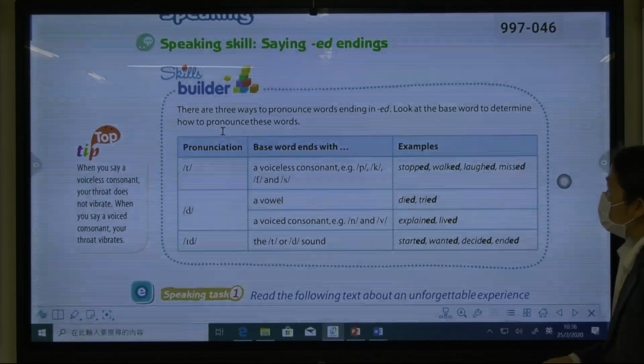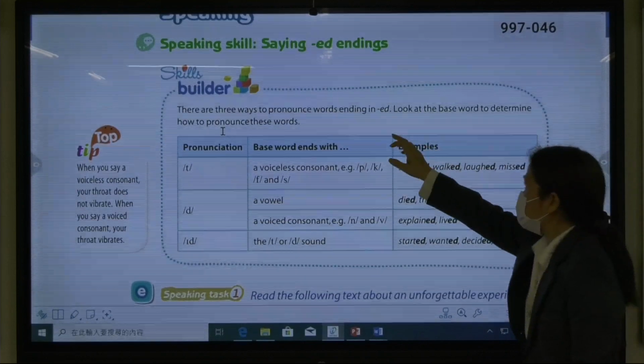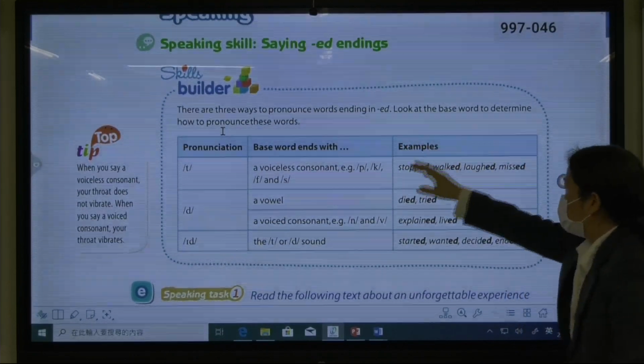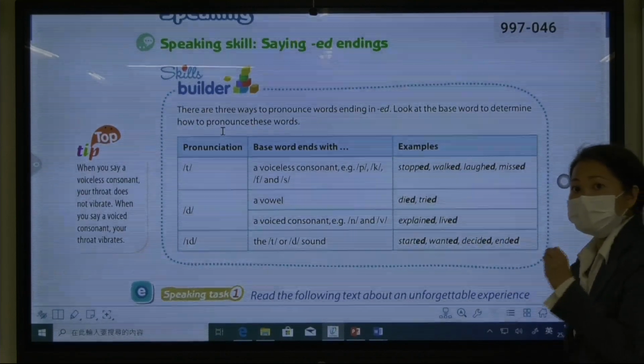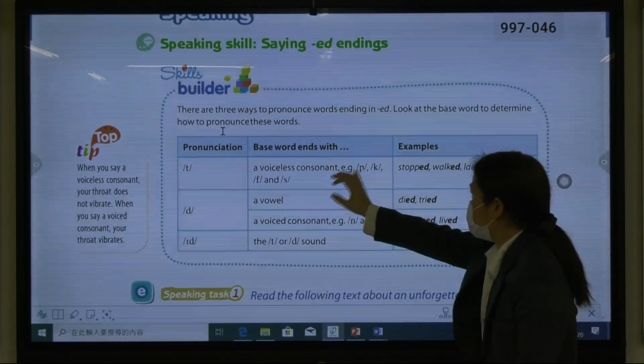There are many ways to pronounce words ending in -ed, and we pronounce them differently. Look at this one.